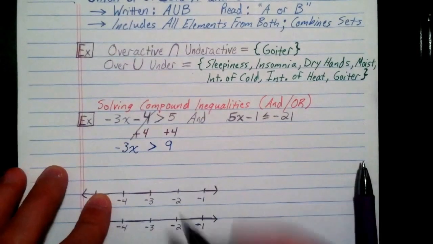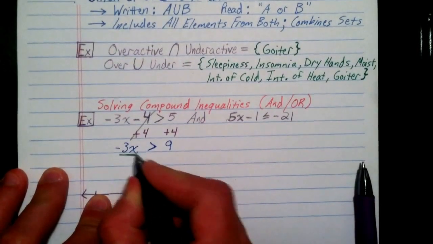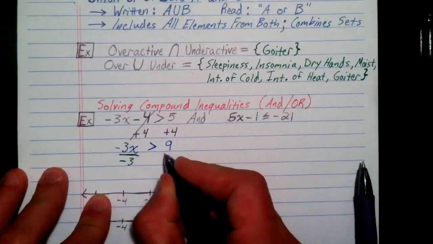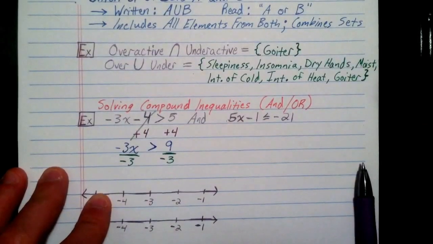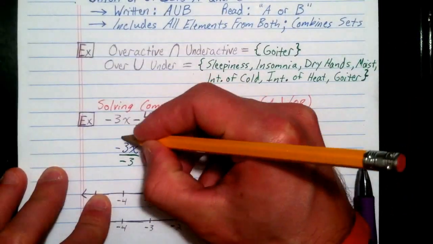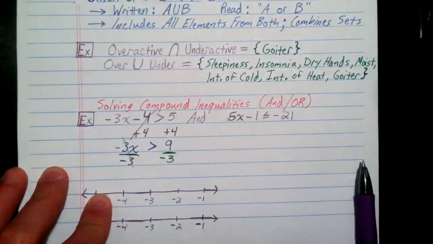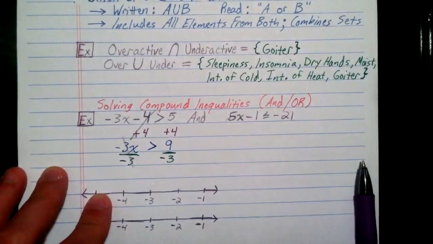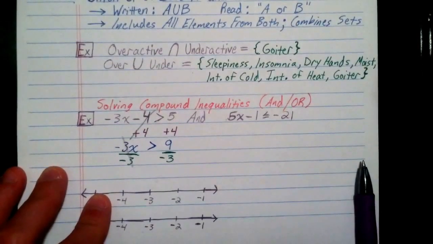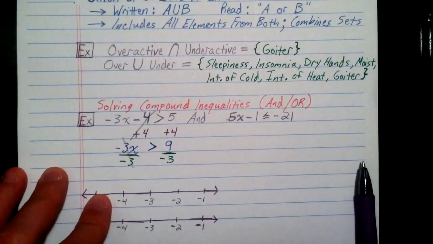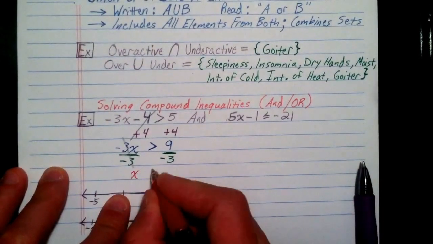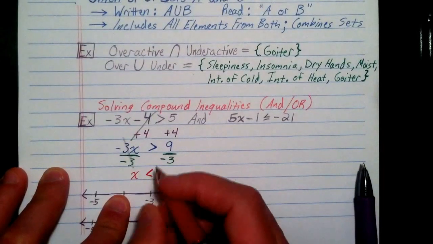Then to get x completely by itself, we need to divide by our coefficient, negative 3. That will cancel out the negative 3 on the left-hand side, getting us x by itself. So remember the rule: when you divide by a negative, you have to flip the inequality.